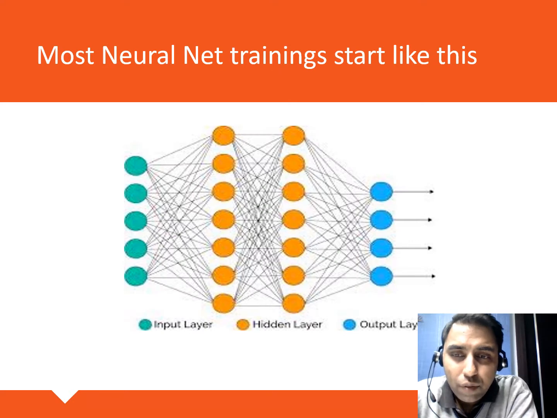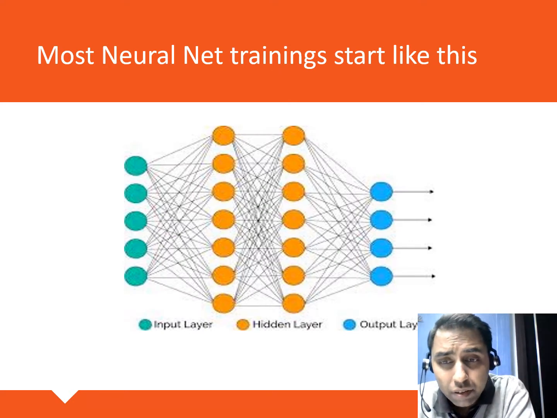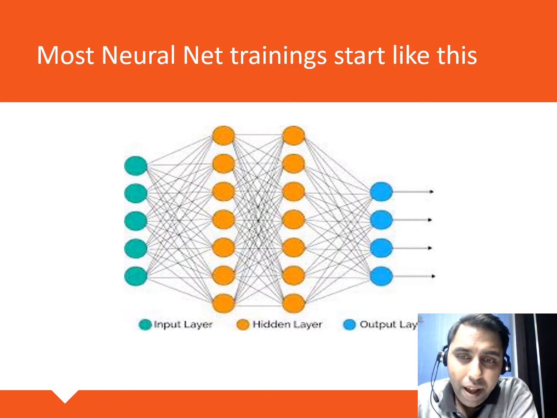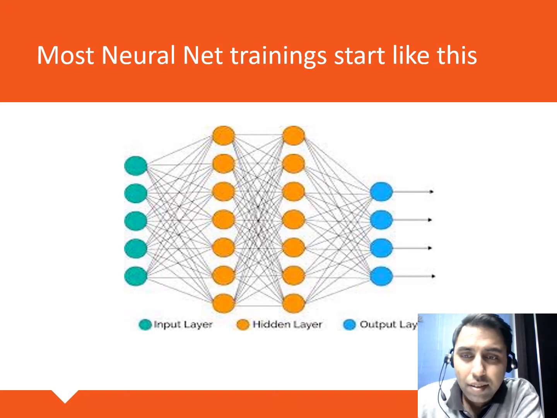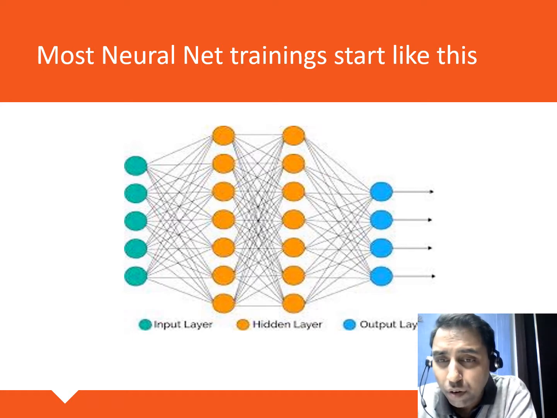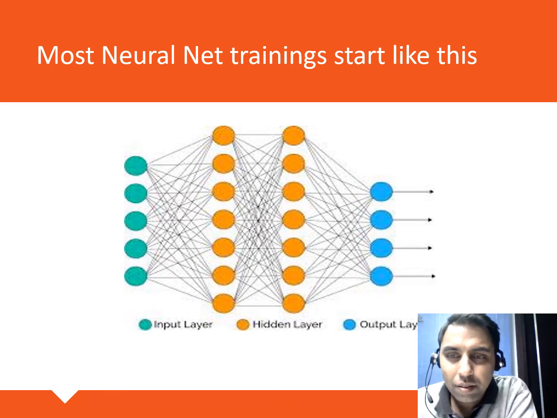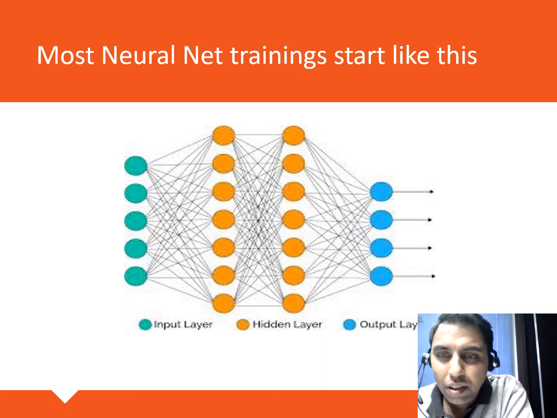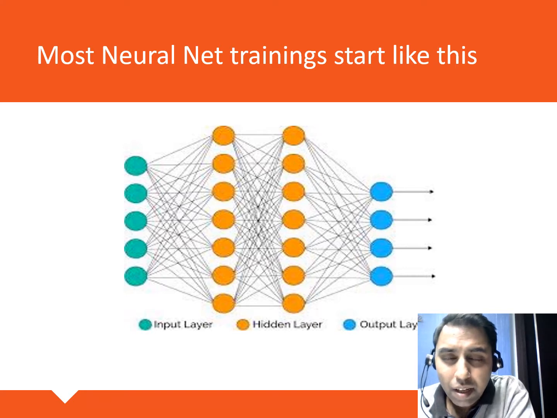And that was long back when I was trying to understand how neural nets work. This is something which I was looking for, but I missed it, because most neural net trainings which I tried to go through start off with something like this, where right at the onset you see a very complicated diagram, and then you're almost on the verge of becoming clueless about what is happening out here.